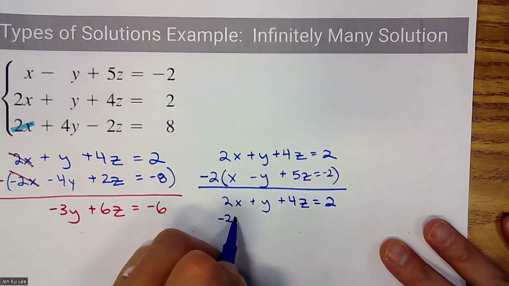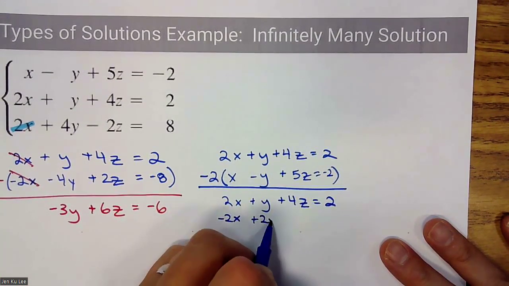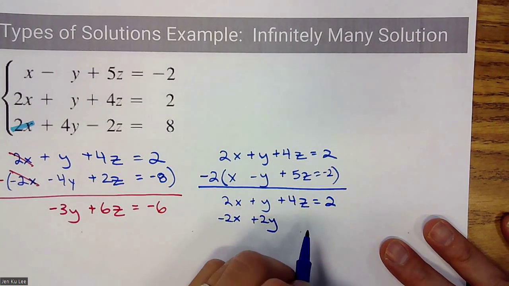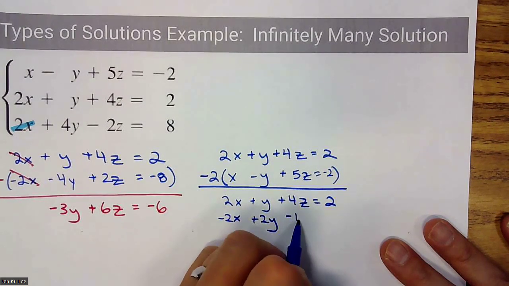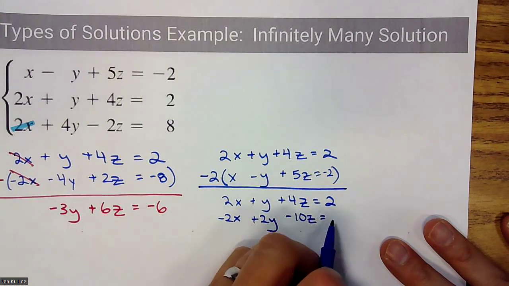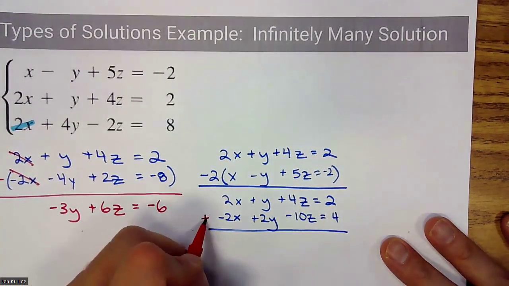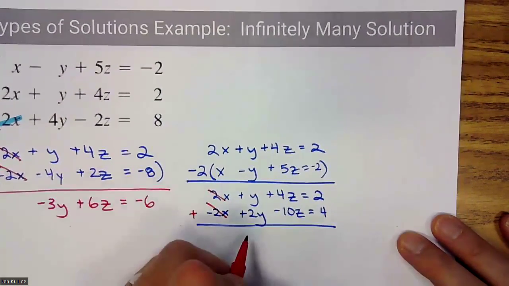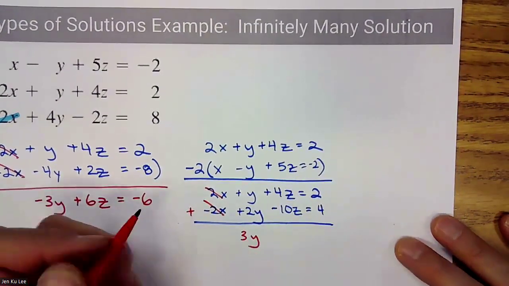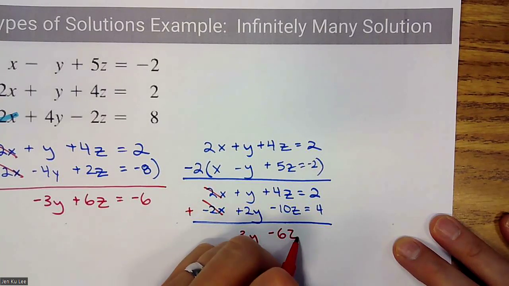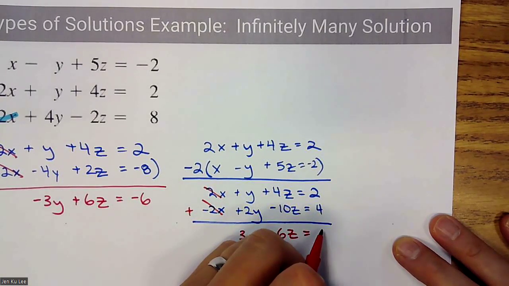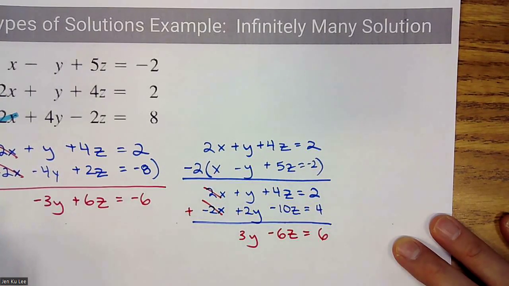And I have negative 2x plus 2y minus 10z equals 4. So if I add those up, I'm left with 3y minus 6z equals 6, right?